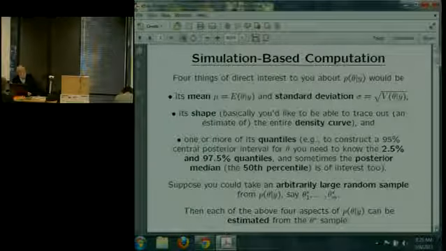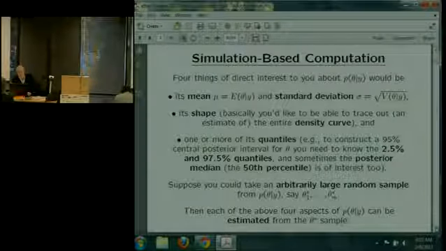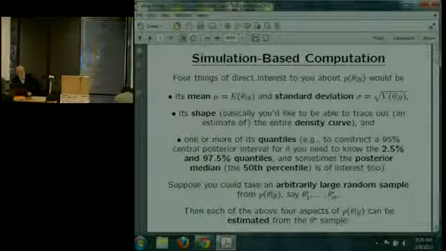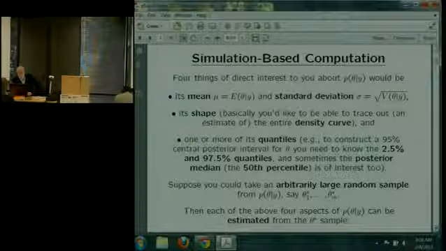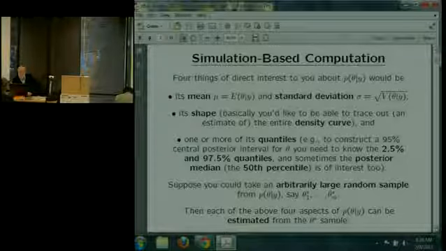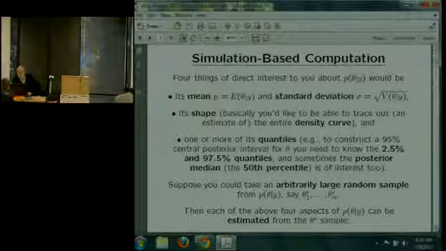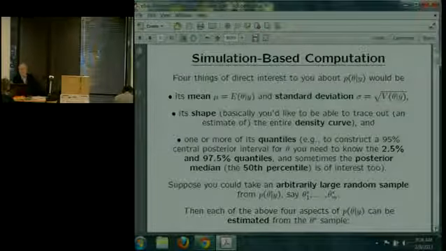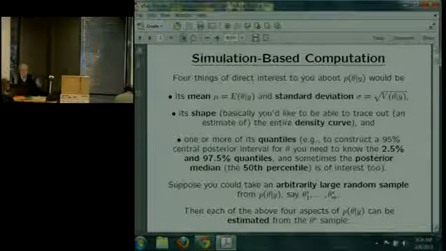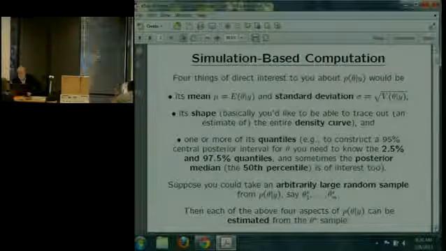You'd also like to know the shape of the posterior distribution. You'd like to be able to trace out its entire density shape by using something like a kernel density trace. And fourthly, if you are in the business of quoting intervals to people, which you should be, you want to be able to extract quantiles from this distribution, or inverse percentiles. In other words, to construct a 95% central posterior interval for theta, you would want to sketch the posterior and go 2.5% in terms of the area underneath the posterior distribution, 2.5% in the left tail, 2.5% in the right tail, and those two numbers represent the lower and upper limits on your 95% interval.